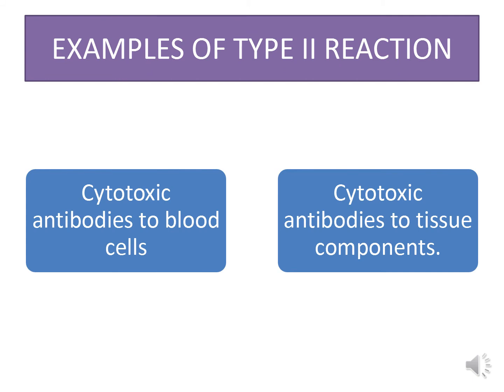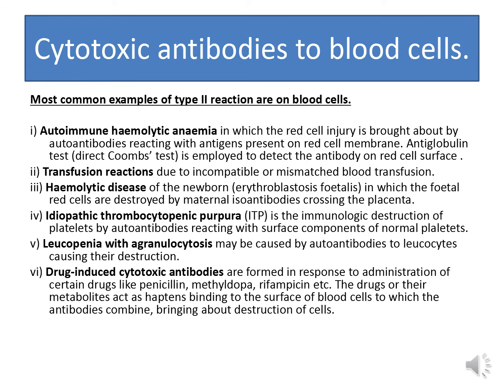Examples of type 2 reactions: cytotoxic antibodies to blood cells or to tissue components. Most common examples of type 2 reactions are on blood cells, like autoimmune hemolytic anemia, in which the red cell injury is brought about by autoantibodies reacting with antigen present on red cell membranes.